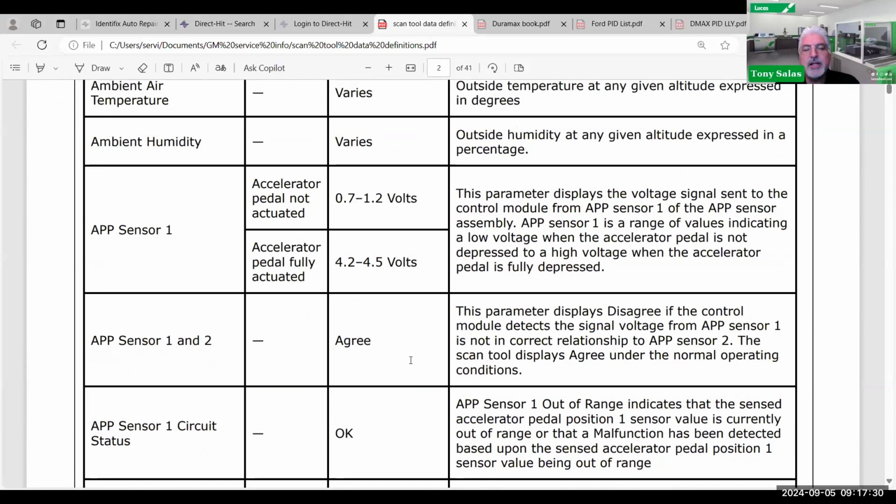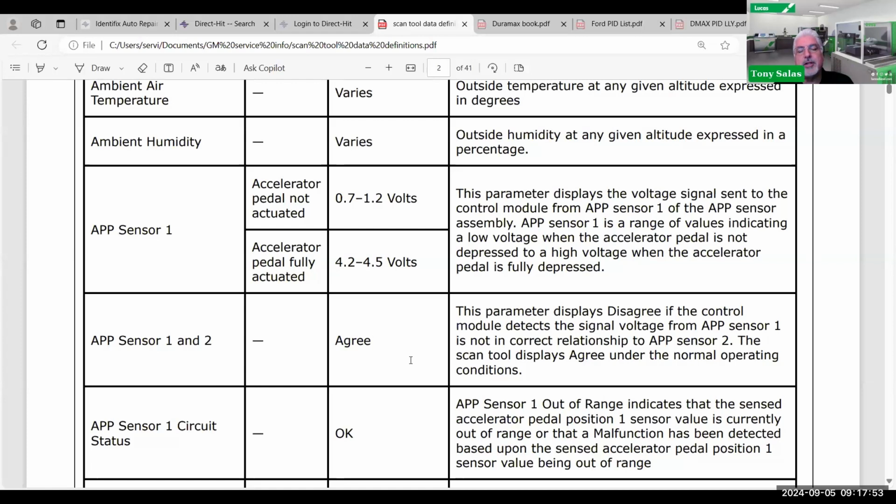But again, I can read that this parameter displays the voltage signal sent to the control module from the APP1 of the APP sensor assembly. APP sensor 1 is a range of values indicating a low voltage when the accelerator pedal is not depressed, to a high voltage when the accelerator pedal is fully depressed. In other words, 0.7 to 1.2 with no foot on it, and with your foot on it, 4.2 to 4.5, which your PID should read.